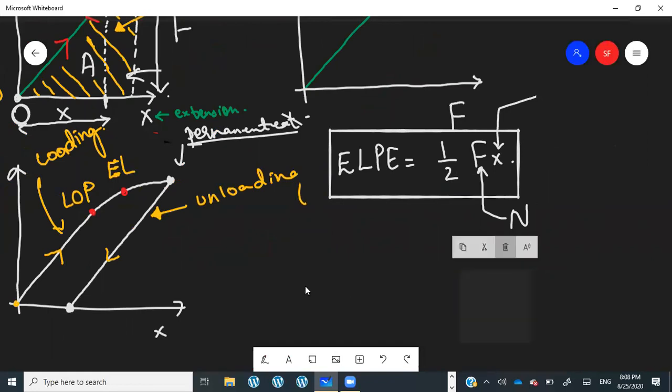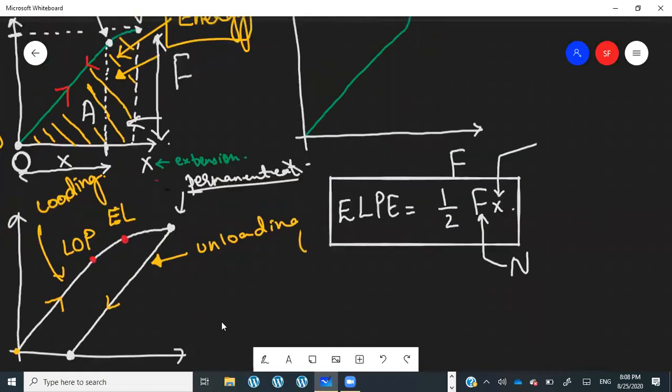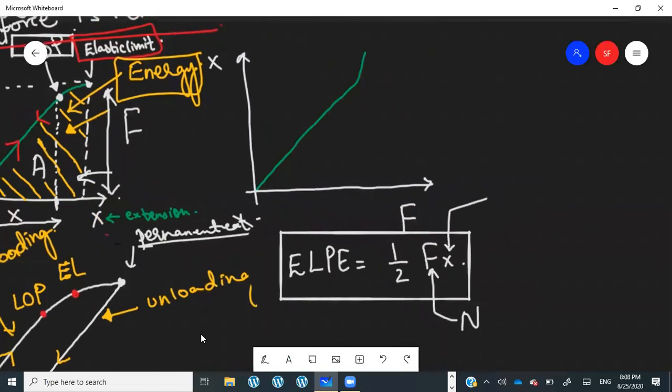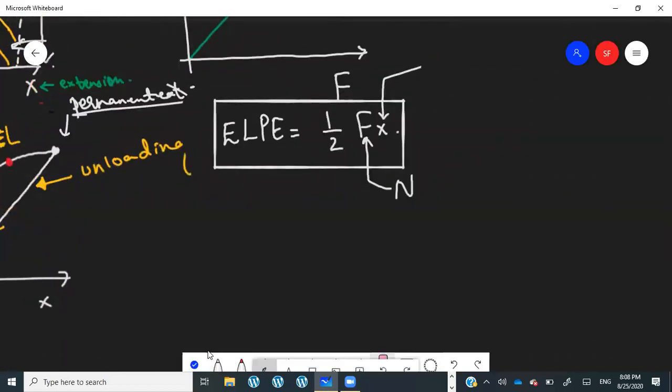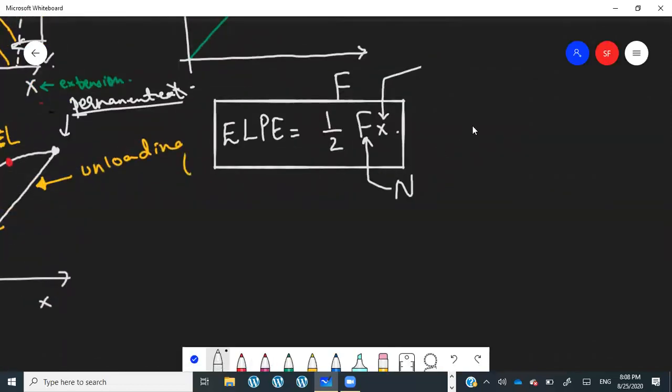So this was the elastic potential energy, and now we can even modify this formula. You know that Hooke's law says F is equal to Kx. What's the modified form of this formula? What's the other formula for calculating elastic potential energy?